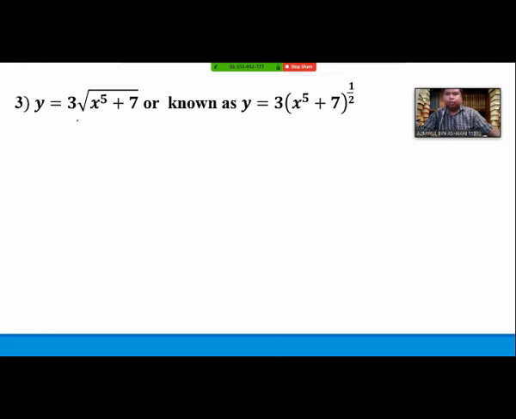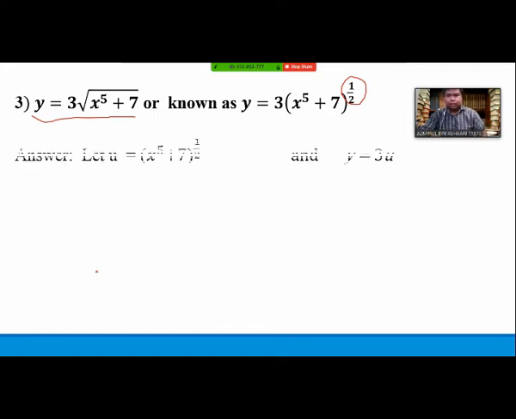Let's say for this one, if the question gives you y equal to 3 square root of x power of 5 plus 7, you can write it as y equal to 3 bracket x power of 5 plus 7 power of half. Okay, you boleh buat macam ni. And then, the keyword in here, you assume that this one is equal to u, which is u equal to the overall of this one.